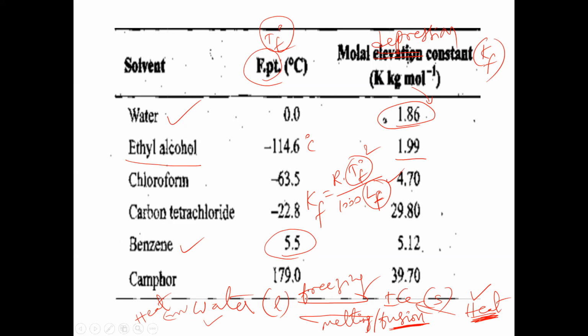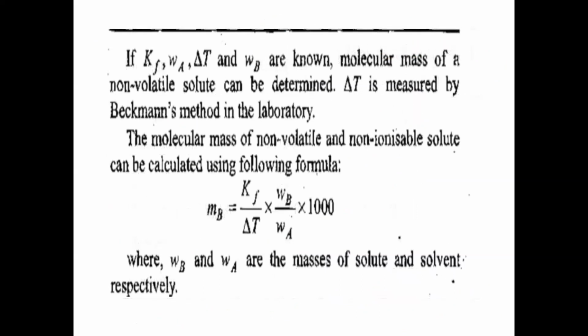So this is about the calculation of Kf of a given solvent. If the Kf value, WA, the weight of solvent, delta Tf, the depression in freezing point, and WB, the weight of solute, are all known, the molecular mass of the non-volatile solute, MB, can be calculated.